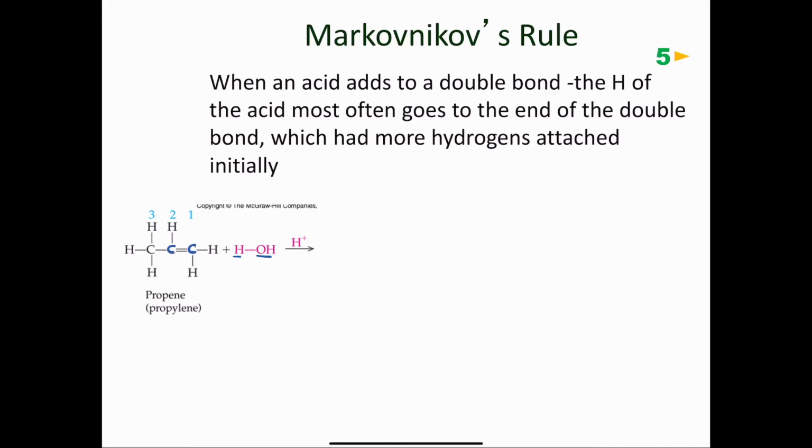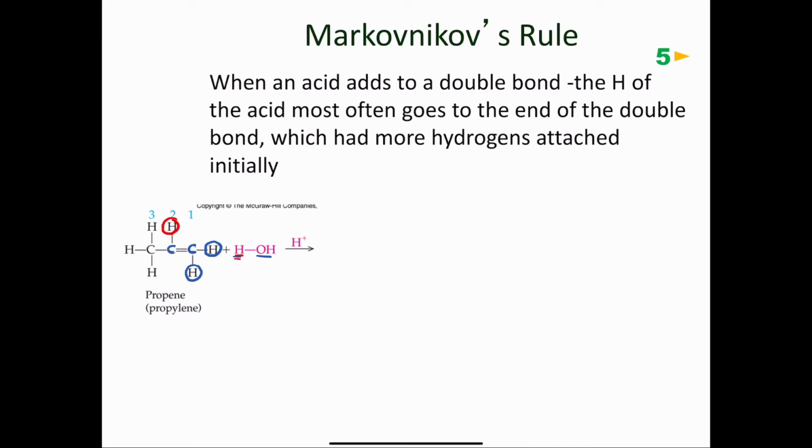Well, carbon number 1 has 2 hydrogens attached to it. And carbon number 2 only has 1 hydrogen attached to it. The other atom that it's attached to is a carbon. And when we're dealing with the rule, the rich get richer, it's in terms of hydrogens.